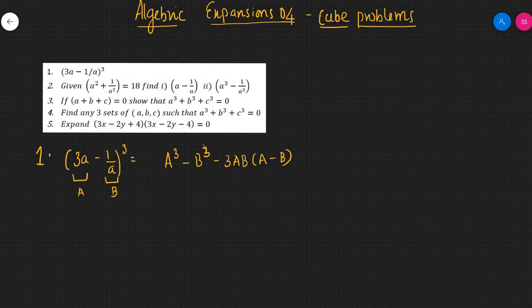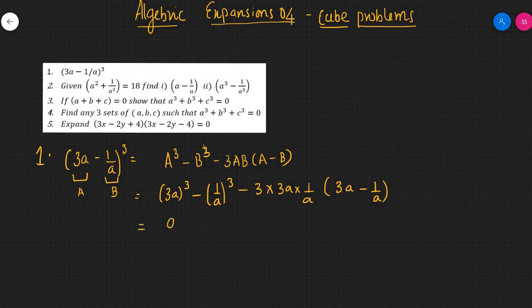The first problem makes use of this expansion: a minus b the whole cube is a cube minus b cube minus 3ab into a minus b. You substitute 3a for a and 1 by a for b: 3a minus 1 by a the whole cube equals 27a cube minus 1 by a cube minus 3 into 3a into 1 by a, into 3a minus 1 by a.